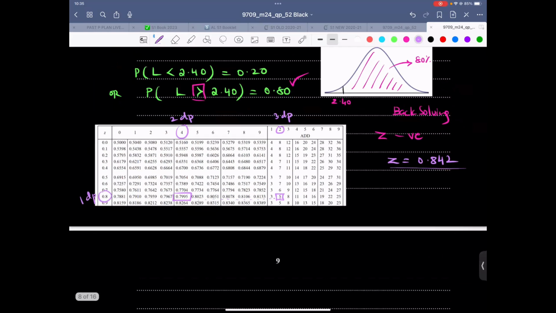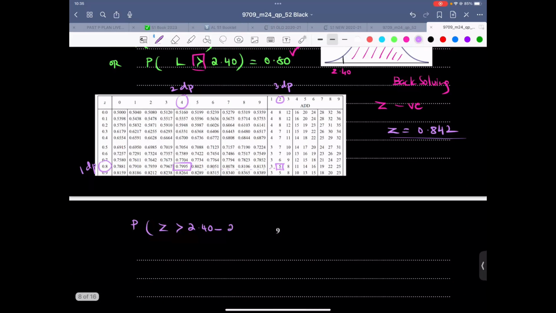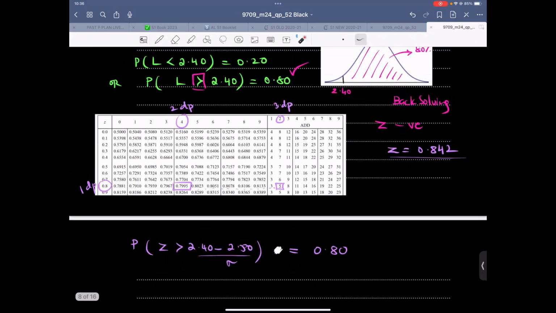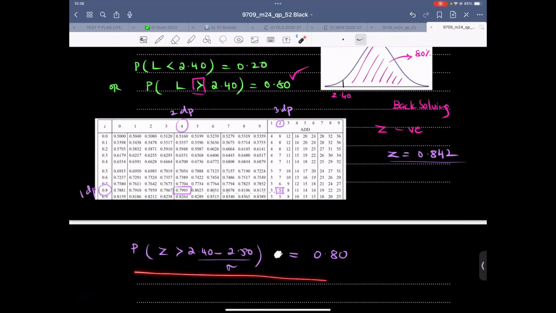So now it's not over yet. We will write probability and show all the steps. Even before that, you have to standardize. Probability z is greater than 2.40 minus 2.50 divided by sigma equals 0.80. Now, actually, I should have gone to the table after this step.